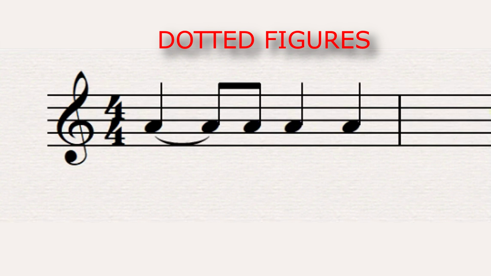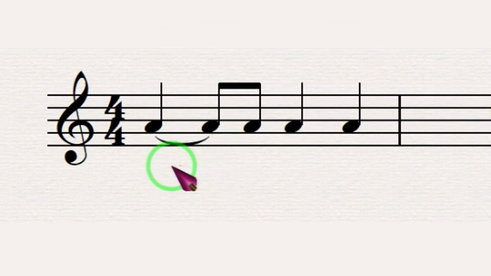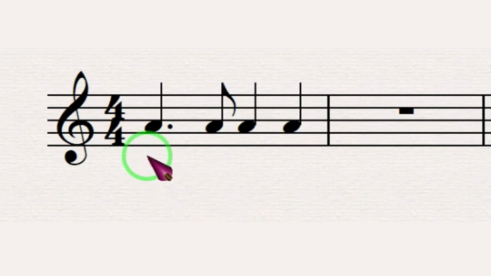Now let's go back to this crotchet tied to a quaver here. So this is the value of, say, 1 beat plus half a beat. There is another way to write that, a dotted crotchet.